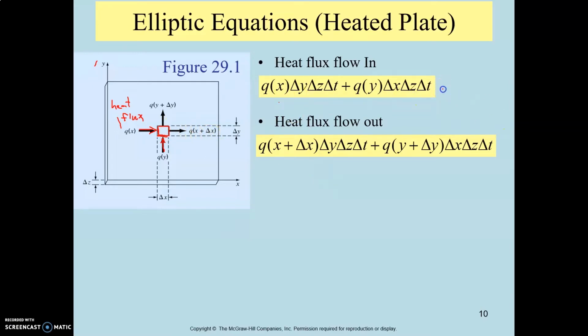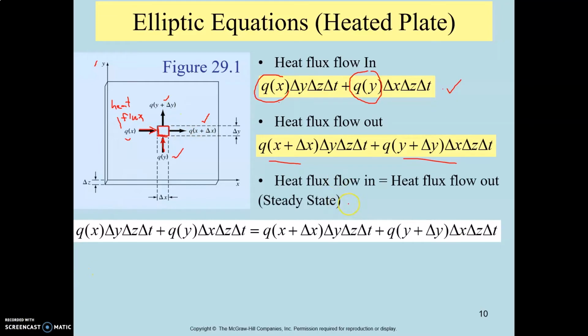From these two equations, Qx and Qy are the heat flux flowing into the element, and x plus delta x and y plus delta y refer to these two items.